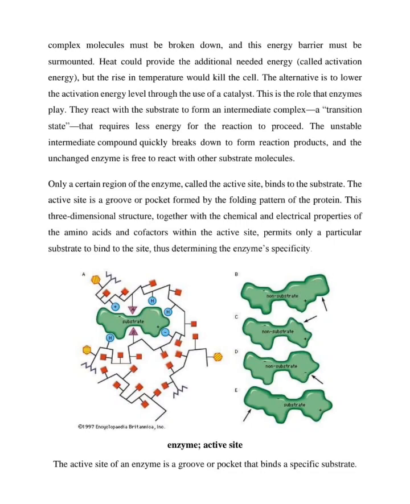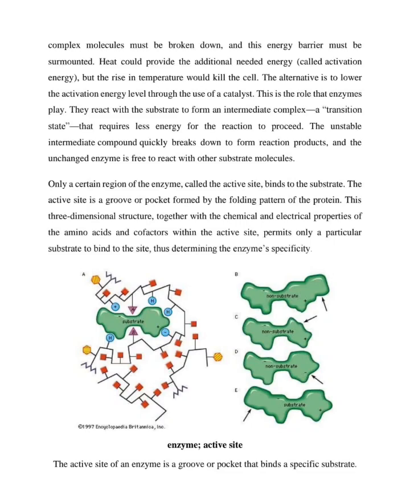Heat could provide the additional needed energy called activation energy, but the rise in temperature would kill the cell. The alternative is to lower the activation energy level through the use of a catalyst. This is the role that enzymes play.